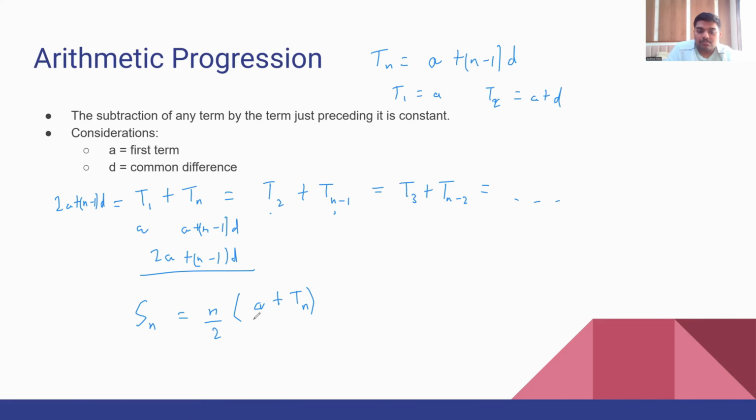So if we know the first term and the last term and the number of terms, then we can also find the summation of those number of terms, right? So these are the two things. Now, let us see a question which can be solved, and therein we will also discuss the third property of arithmetic progression.